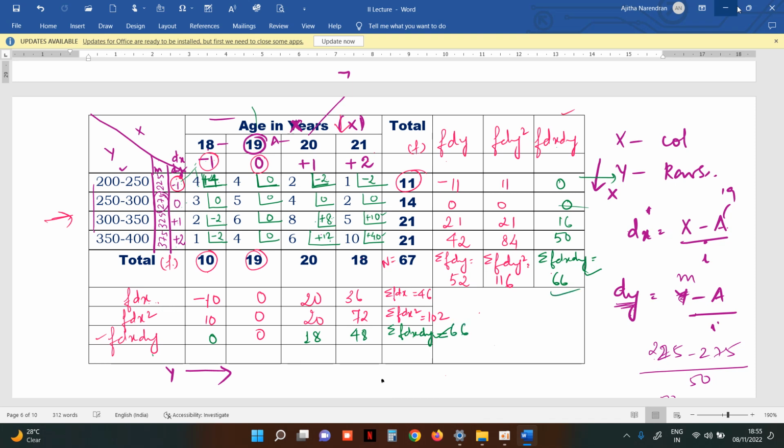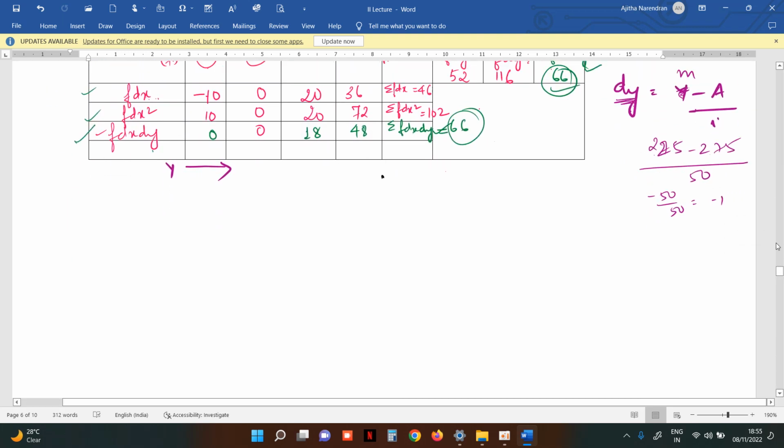The values are both the same. If these values are different, it means there is some mistake. So you have got all the values: f dx square, f dx dy, f dy square. Now you can apply these values in the formula which we have seen in case of grouped frequency distribution. Let us see what the formula is once again. I'll just write it down.